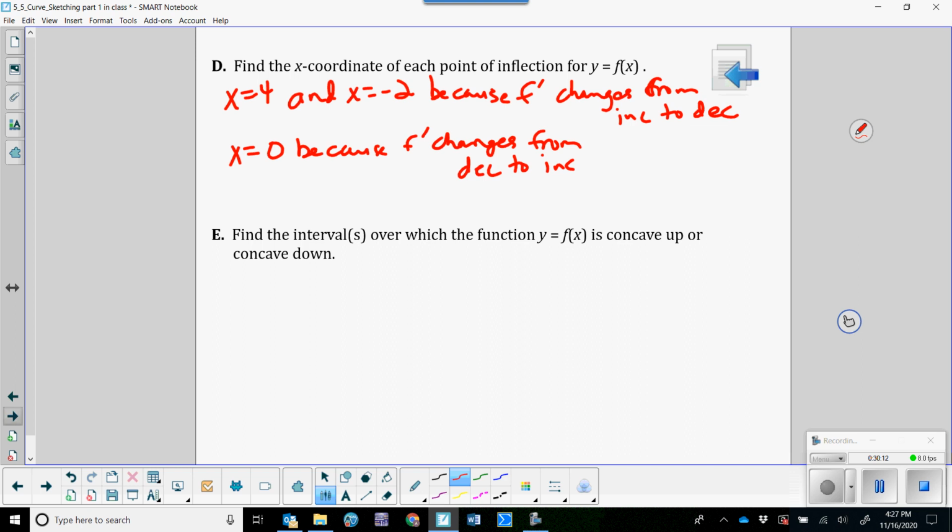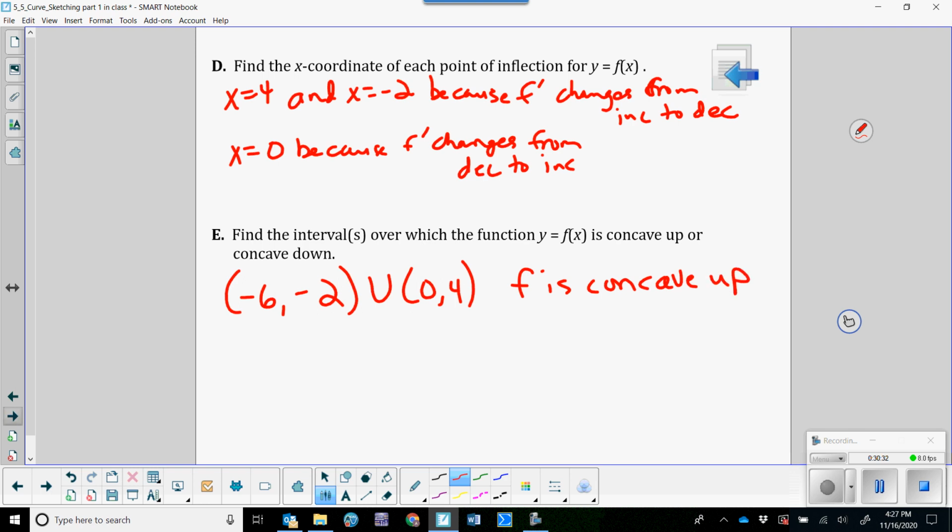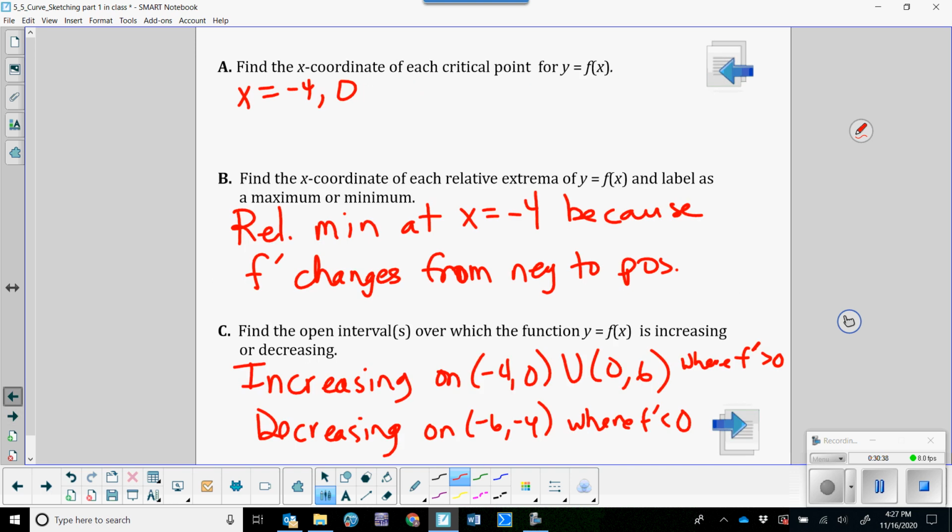Okay, find where the function is concave up or concave down. Well, we literally figured out where the points of inflection are. So you're going to go from -6 to -2, union 0 to 4, for f is concave up, because that's where f prime is increasing.